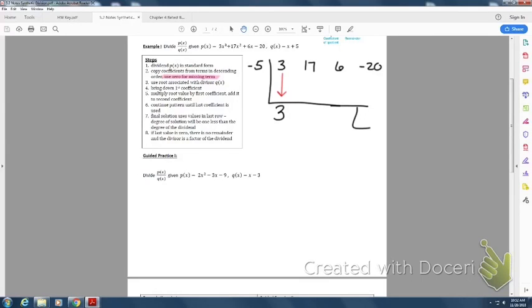And now you just start the process of multiplying and adding. You're always going to multiply by whatever number you got here. So the negative 5. Negative 5 times 3 is what? Negative 15. Now, even though it says to add, all you're doing is whatever this sign says. Because 17 plus negative 15 would be 17 minus 15. Okay? So 17 minus 15 is what? 2.